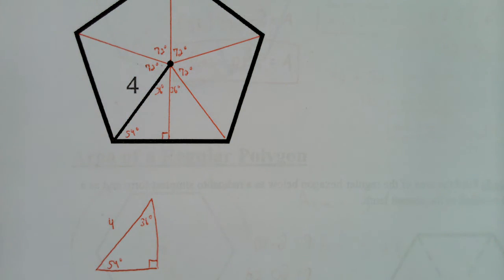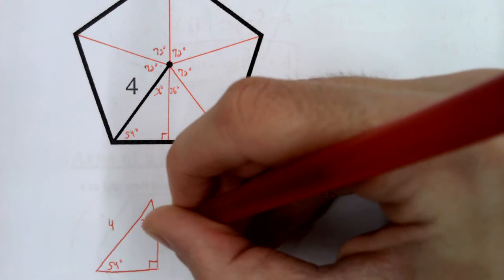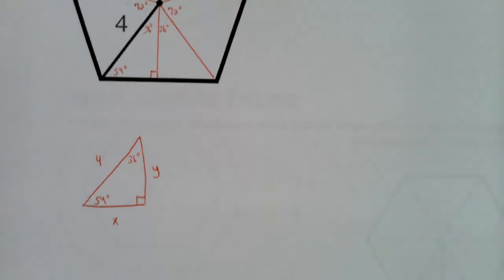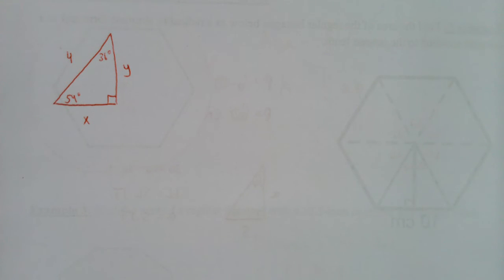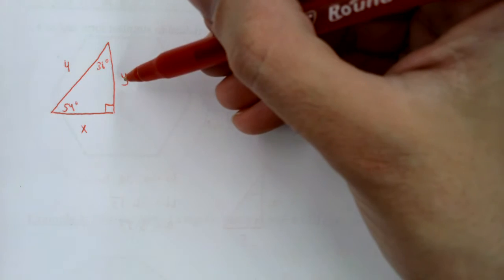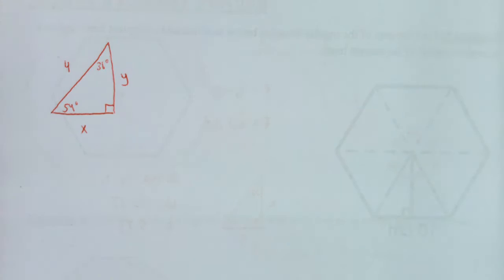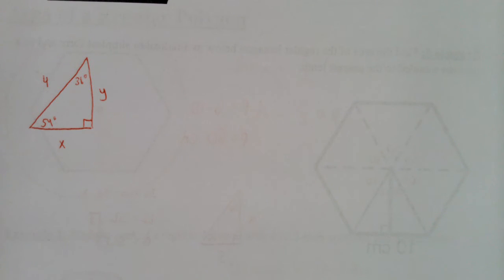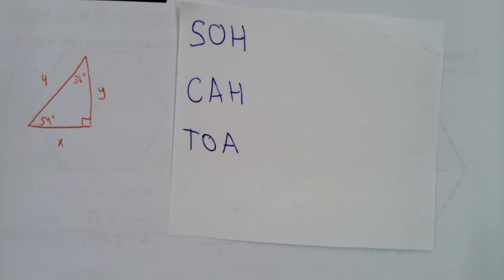I'm going to call this side X and that side Y. If only we could solve that for X and Y, because Y is the apothem, and we can use X to get the perimeter. We cannot use 30, 60, 90, or 45, 45, 90 triangles because those are clearly not the angle measures. But we can use trigonometry.